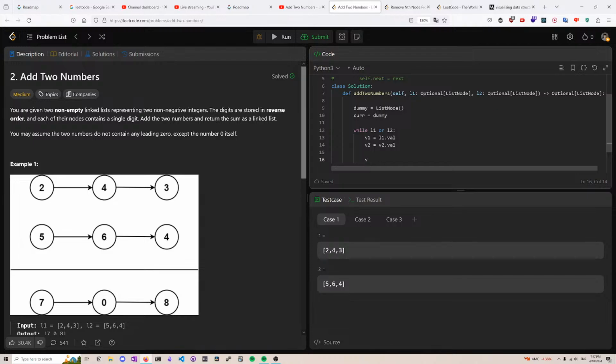So we need a carry equals 0, such that we want to add V1 plus V2 plus carry, and then the value is going to be modulo 10.